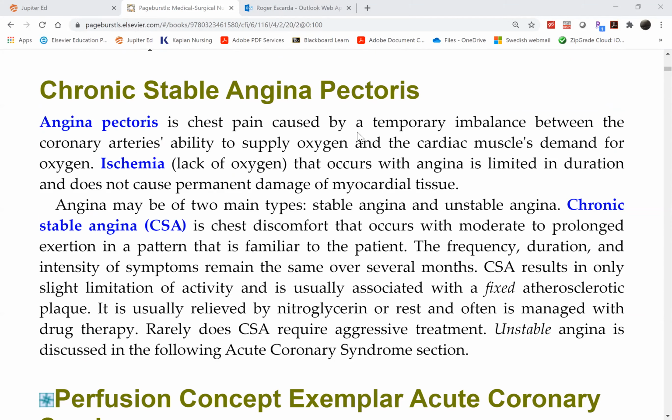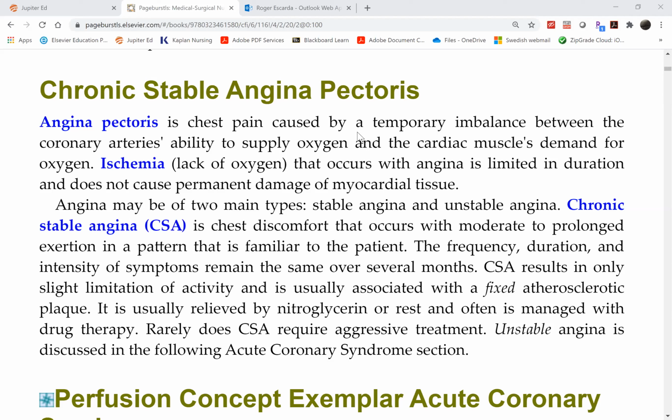However, during instances wherein blood supply or oxygen supply is decreased, the only way that will happen is if you increase demand.